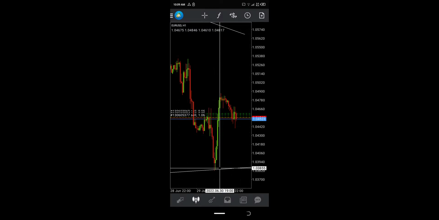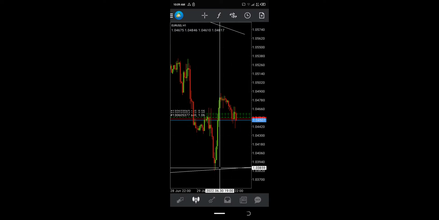I'm expecting the market to reach 1.0384, because the general movement of the market is bearish. So let's wait and see.